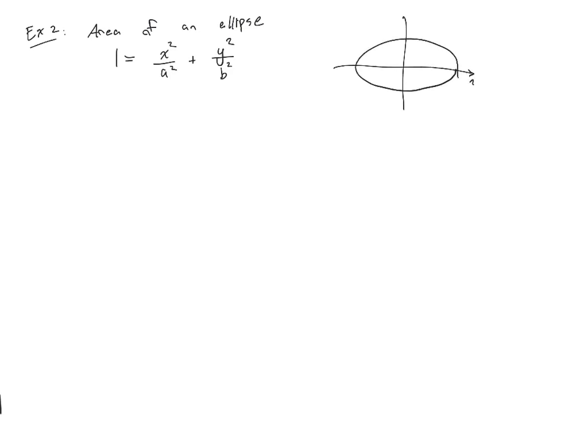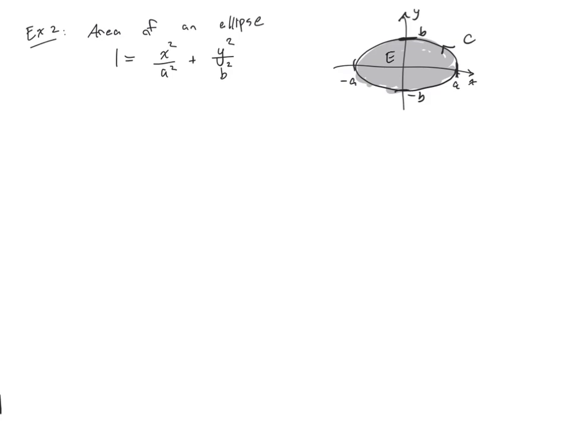So on the x-axis, I've got this intercept out here at A, and on the y-axis, I've got one at B, and minus B. And so I'm going to let C be the curve going around this ellipse, the boundary of the ellipse. All right. So the ellipse, let's call E, and we'll let C be its boundary.